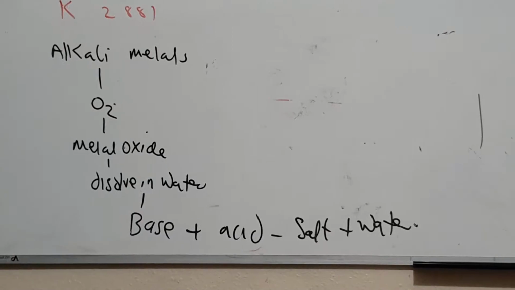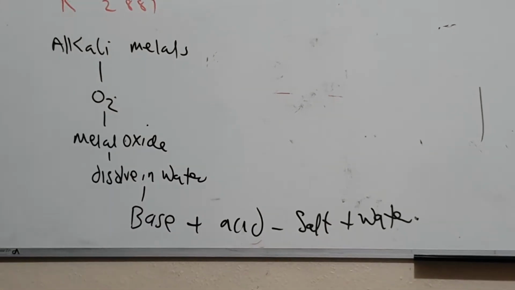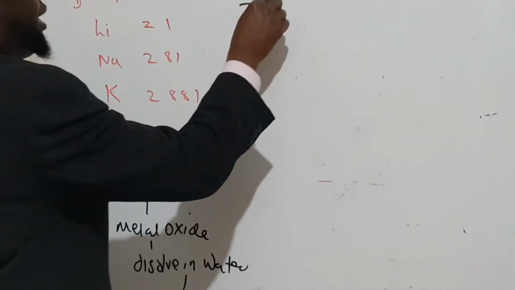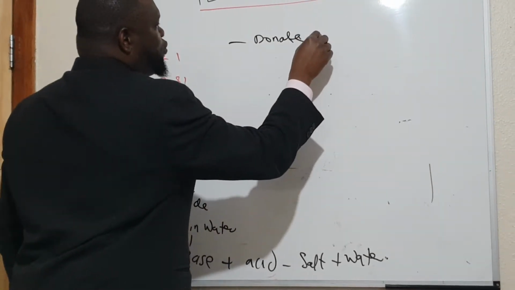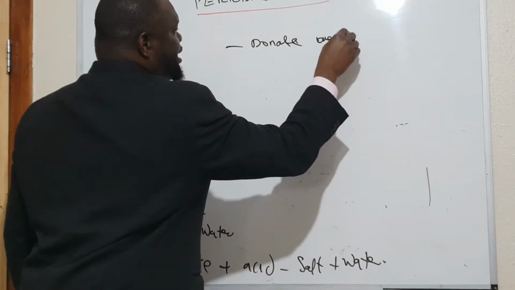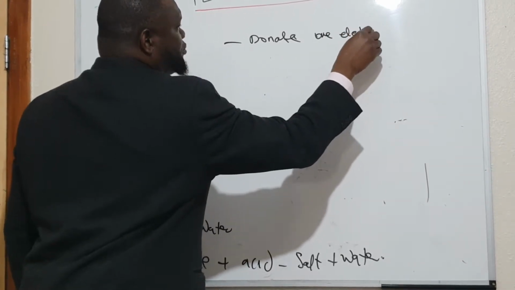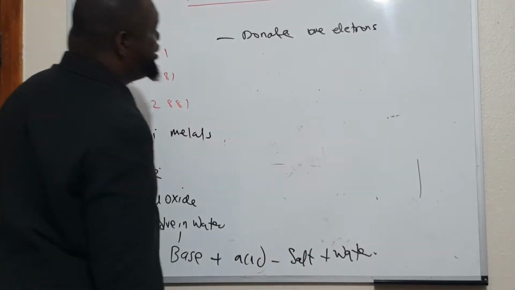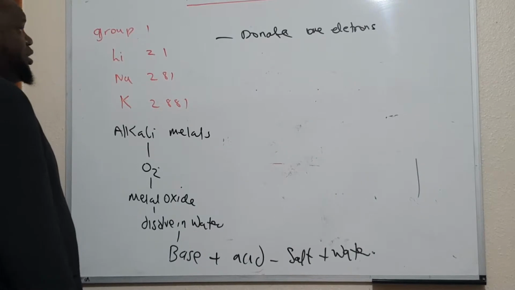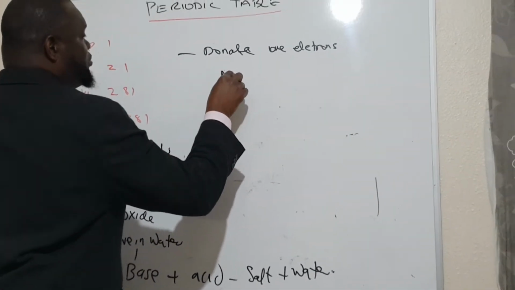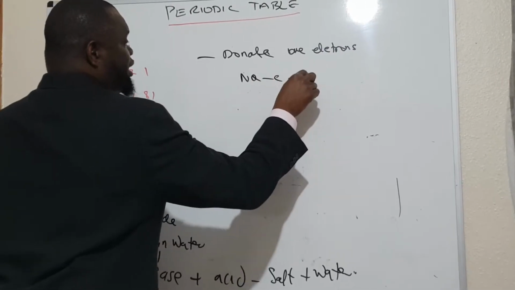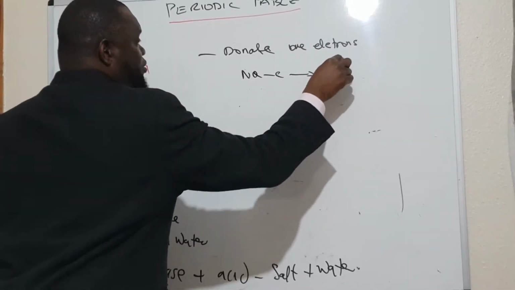Okay? So they are called alkali metals because they can donate electrons, yes? When they react, they donate 1 electron in the outermost shell. When they donate one electron, they form an ion. Like sodium donates 1 electron, it becomes a sodium ion, sodium plus.